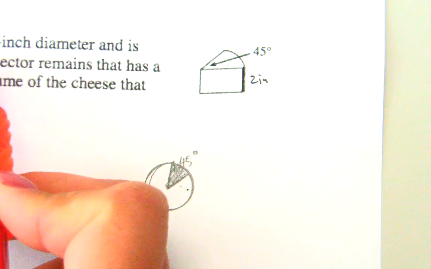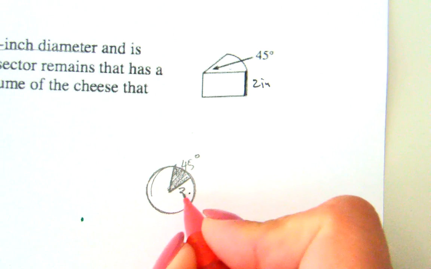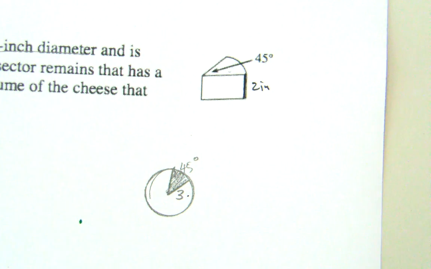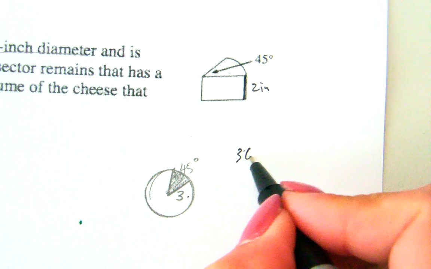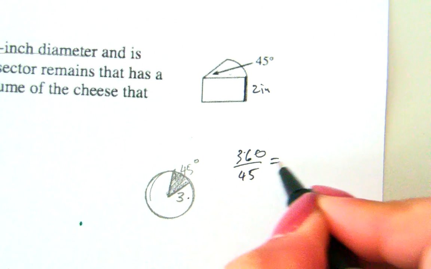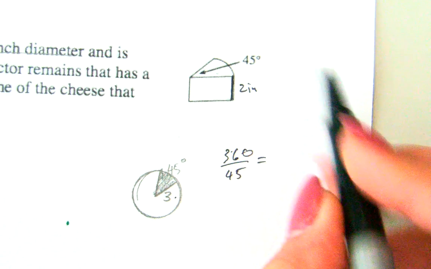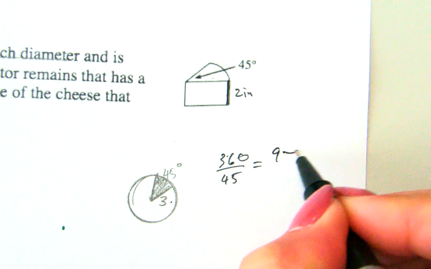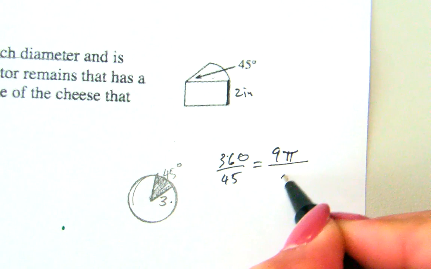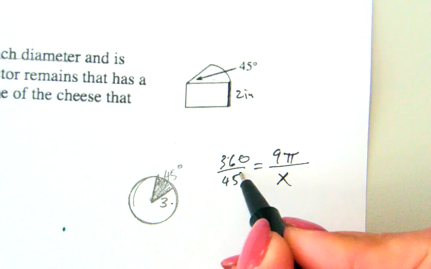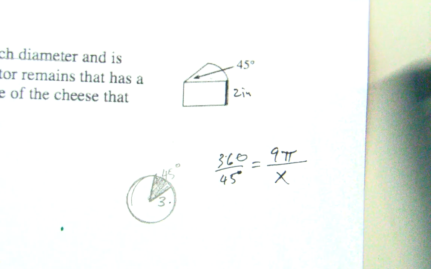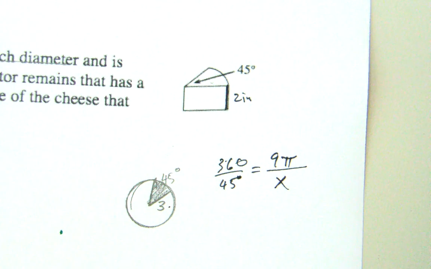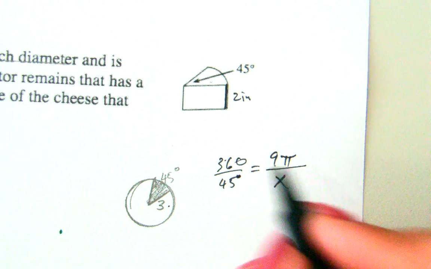The cheese has a 6-inch diameter, so that means the radius is going to be 3. So this is going to be, let's see, 360 over 45 is equal to, we want the area, so now we have pi r squared. So that means 9 pi over what we want to find, right? So 360 divided by 45 is 8.